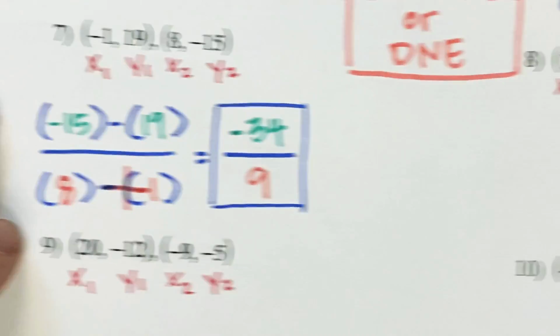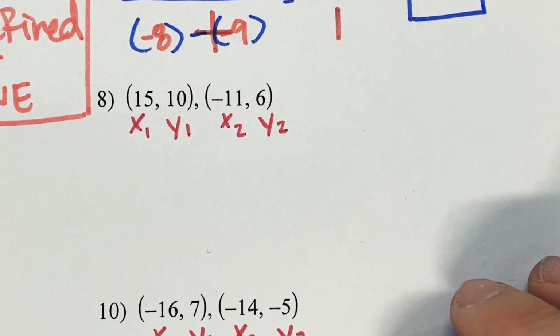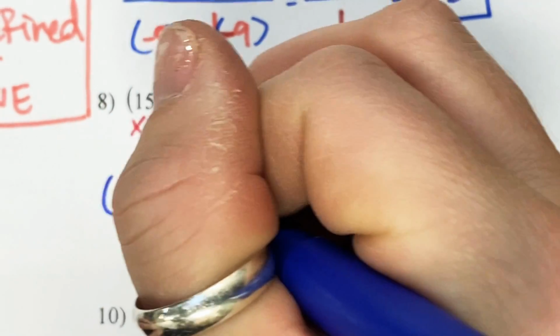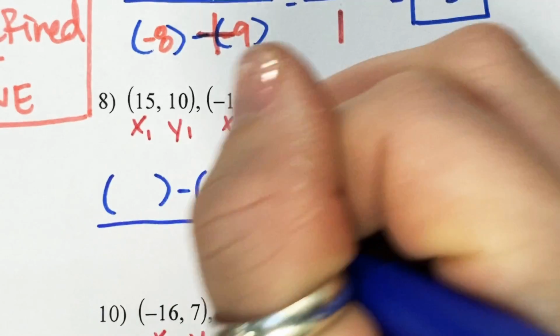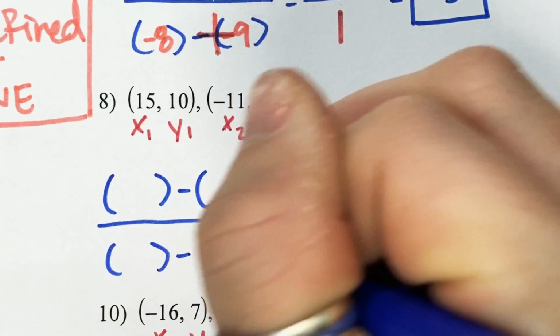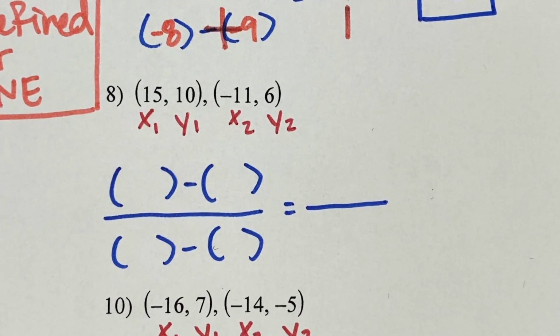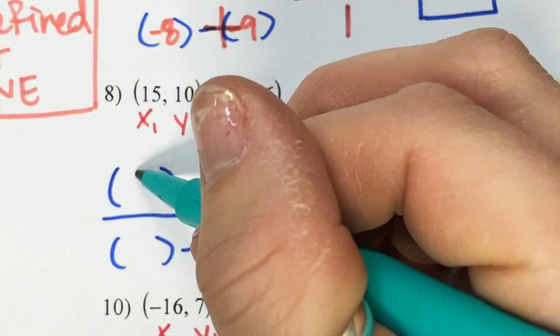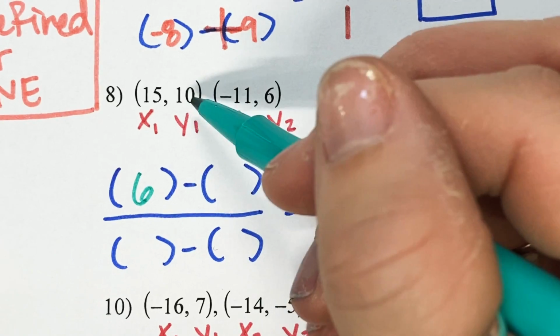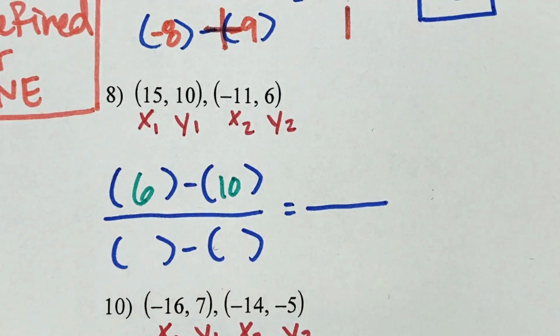Perfect. Okay, let's look at number 8. Same thing. y2 minus y1 over x2 minus x1 equals, we're going to figure that out. My first spot is my y2 spot, 6 minus my y1, which is 10.